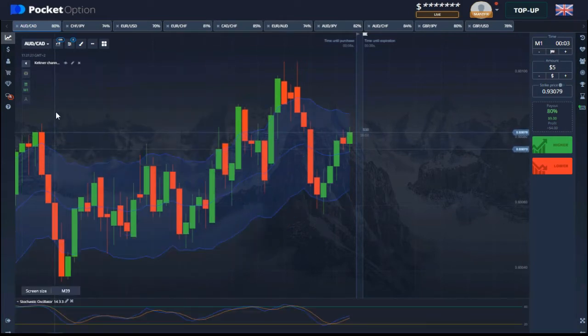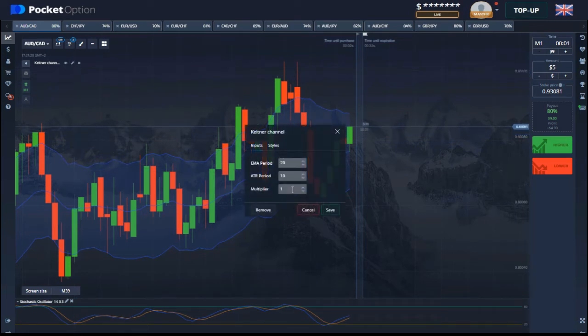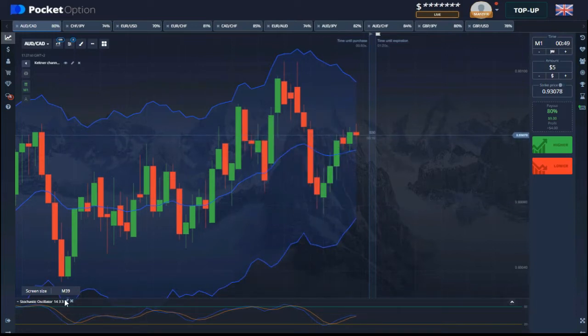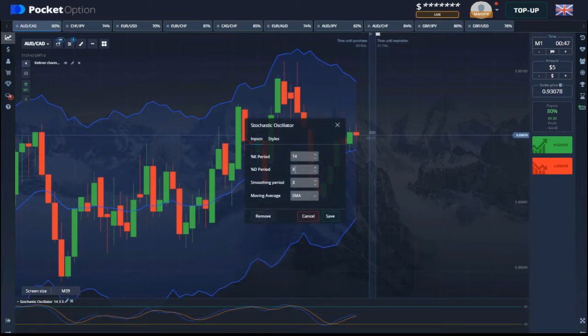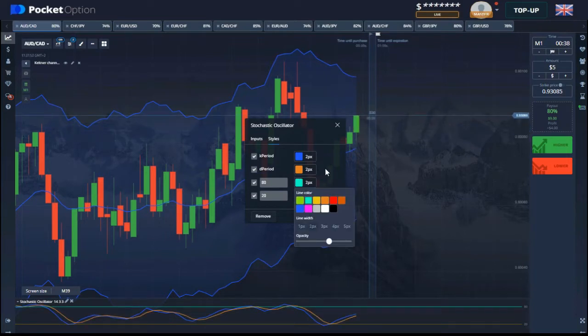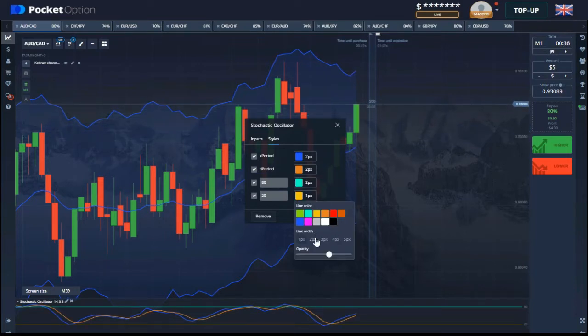The Keltner channel is multiplied by 2, and I use 2px for a clear vision. The stochastic oscillator I did not change, only the 2px.